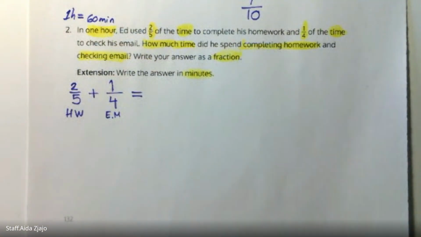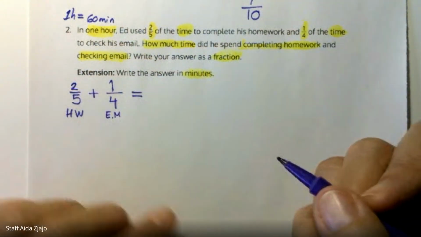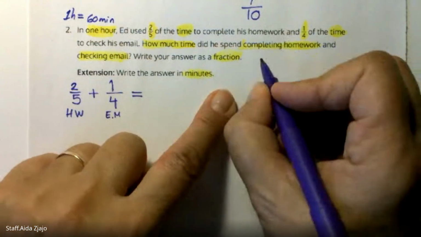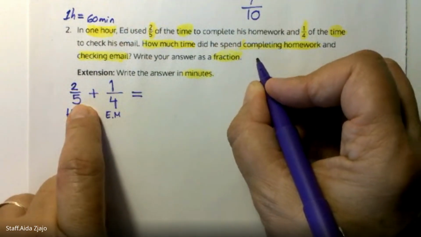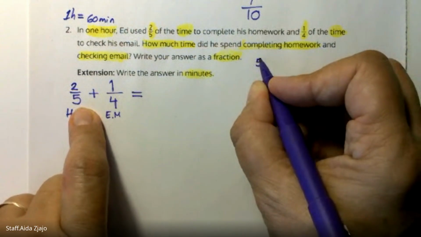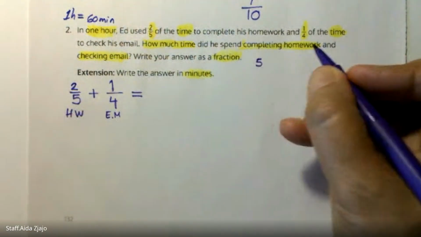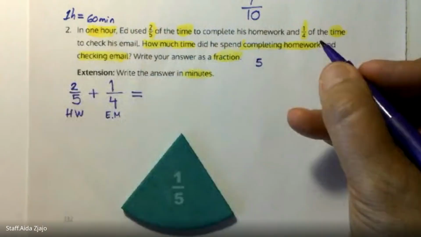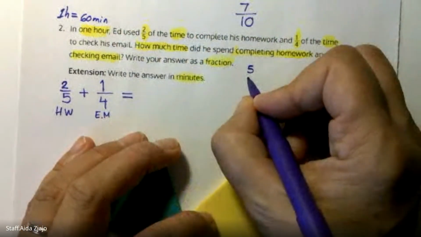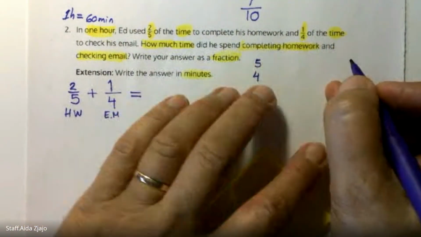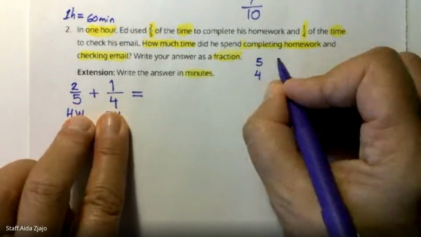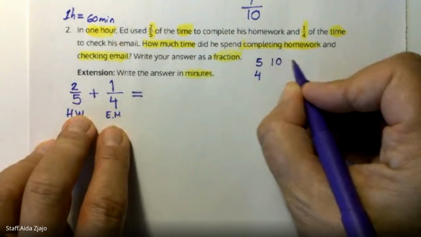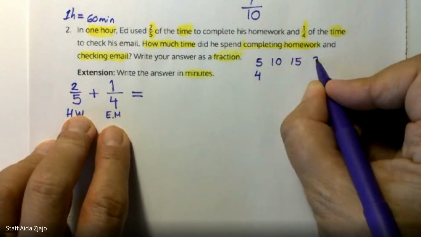Okay, I don't have a fractional circular representation of the number that we work with, but right now you'll see my number is 5. The fractions are fifths and also fourths. So I'm going to skip count by that to see what I can change both by. So 5, 10, 15, 20.